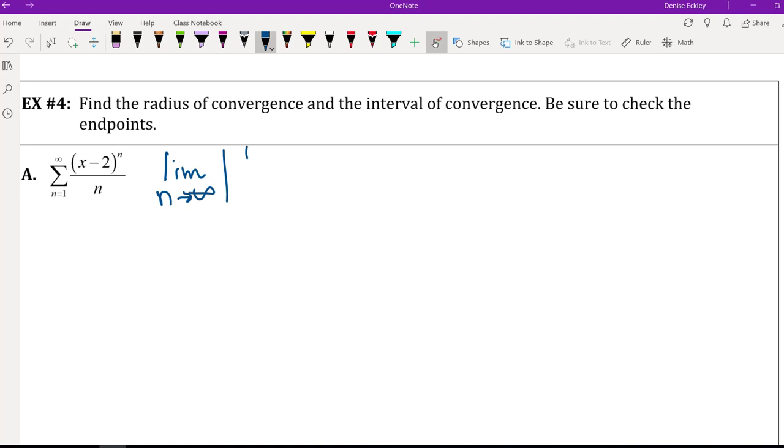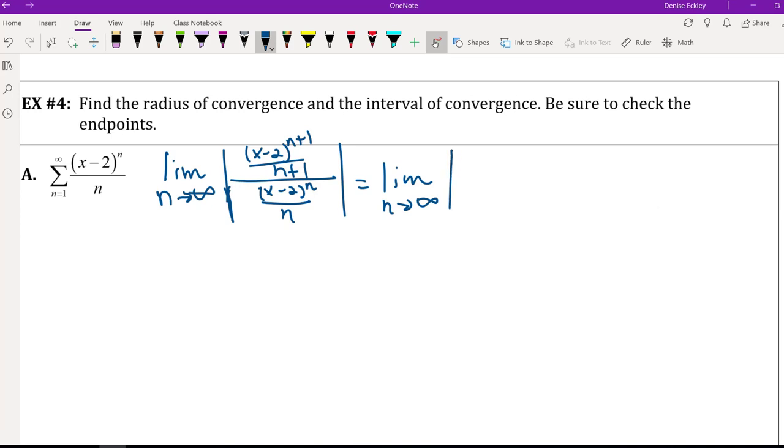So we are going to have x minus 2 to the n plus 1 over n plus 1, and we're going to divide that by x minus 2 to the n over n. Simplifying this, we get the limit as n approaches infinity of x minus 2 times n over n plus 1.